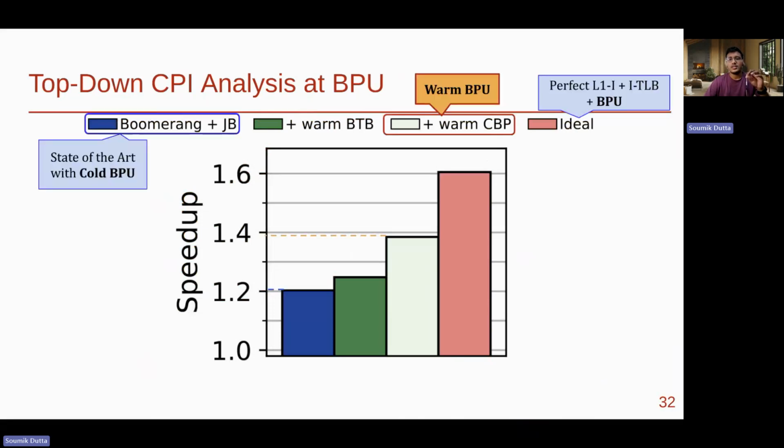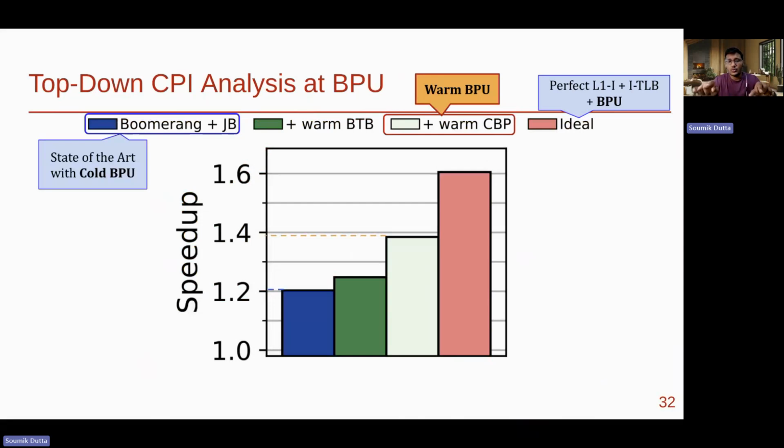For that, the authors have plotted the speedup they have got for the state-of-the-art Boomerang plus Jukebox. Then they have kept the BTB, the branch target buffer, warm. They didn't flush it out. Then on top of that, they also kept the CBP, the conditional branch predictor, warm.